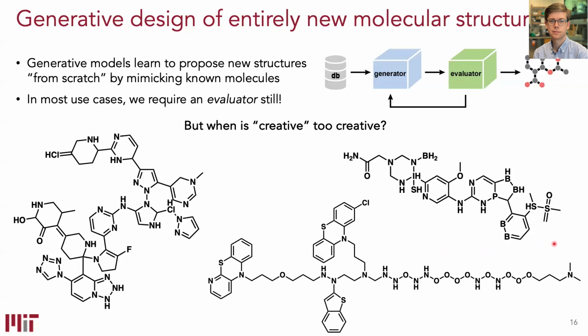You have this very catastrophic failure mode of generative models, where they propose structures that they earnestly believe to be good structures, and maybe your property predictor, because it is imperfect, says, this looks good to me, but this is not something that you would want to give to a chemist or a colleague to try to synthesize. And so this really is one of the big failure modes of generative models that we've worked a lot on addressing over the past few years.